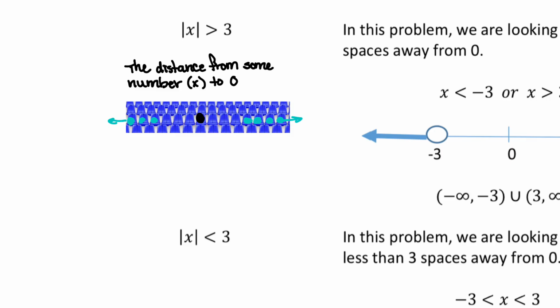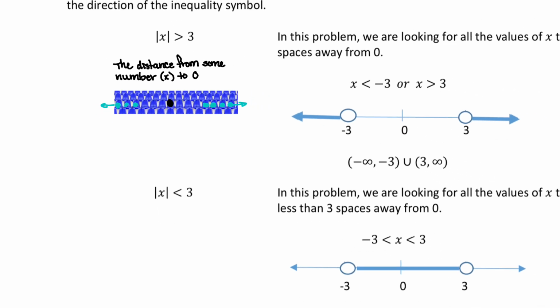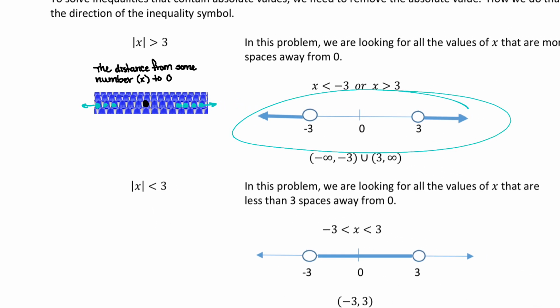Okay, so that teal part is this number line here. Okay, so they can't be at 3. That's this part. So they cannot be in the third seat from you, but they can be everything else afterwards.